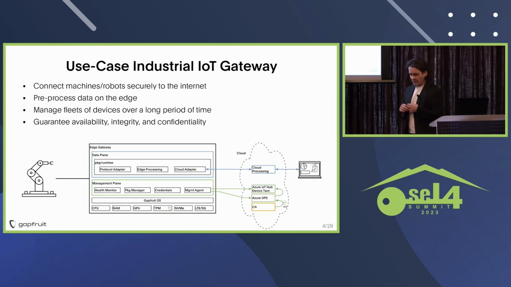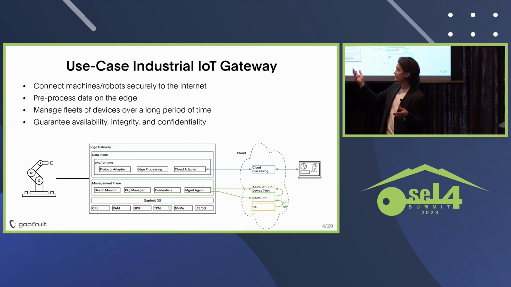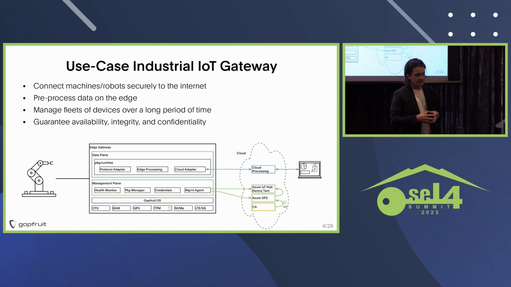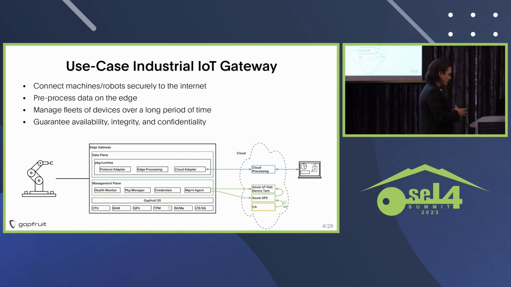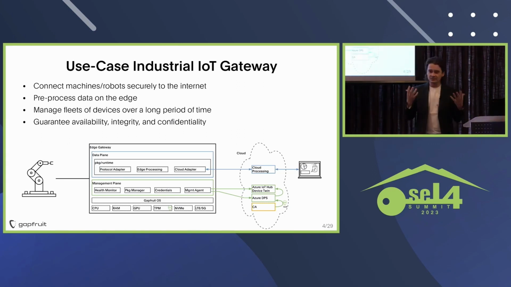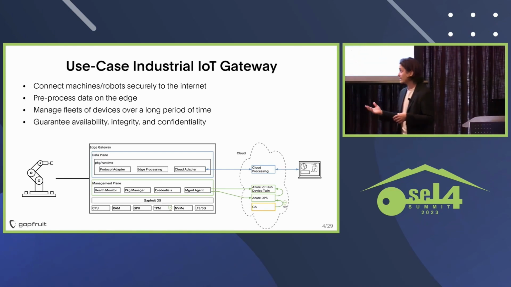When it comes to industrial manufacturing, I want to talk about a specific use case. It is about connecting industrial equipment securely to the cloud. On the left, you see an industrial equipment, in this case a robot, that has a multitude of sensors and actuators that lack the computing power for basic cryptography for secure communication.